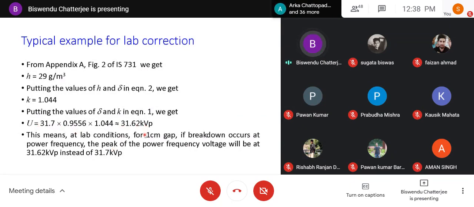That means at lab condition, for a 1 centimeter gap, if the breakdown occurs at power frequency, the peak of the power frequency voltage will be 31.62 kV peak instead of 31.7. This is the correction. Ideally it should be 31.7, but in lab condition for a 1 centimeter gap it will be 31.62.